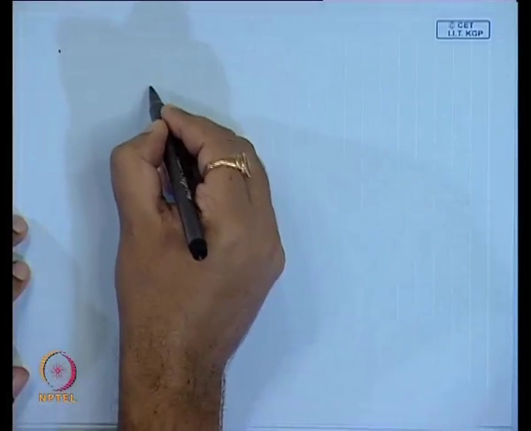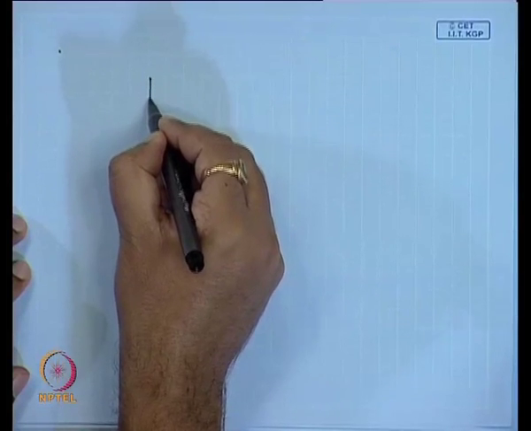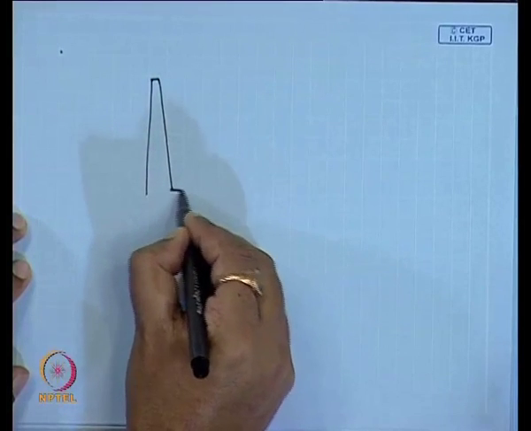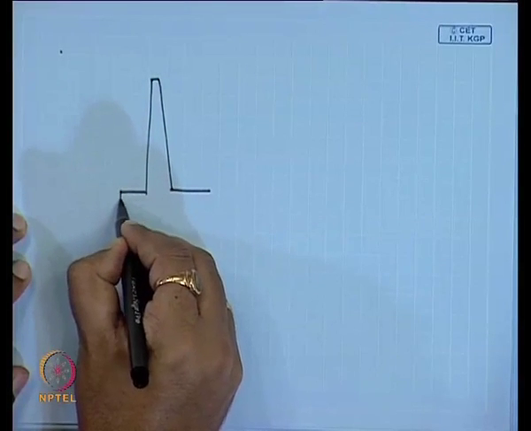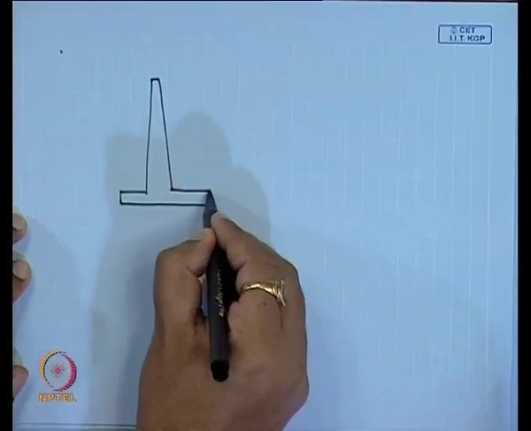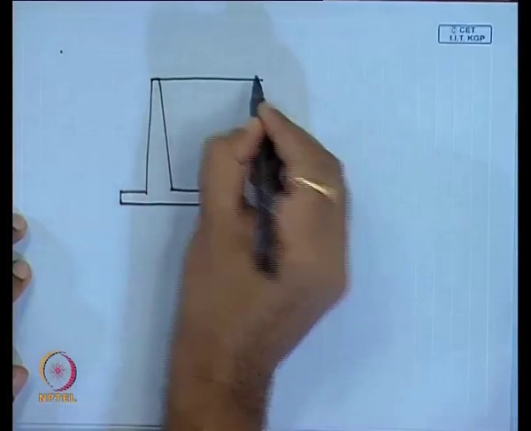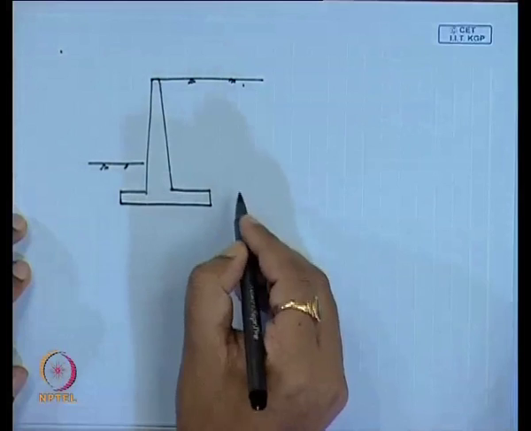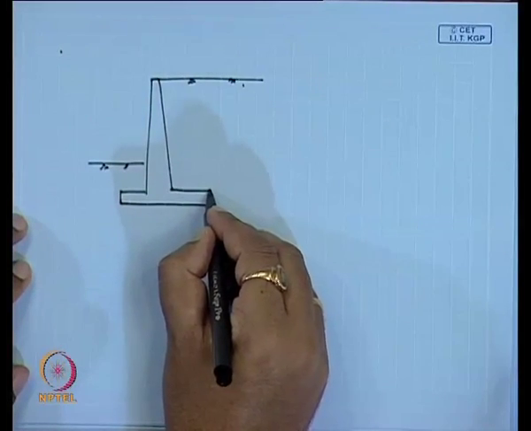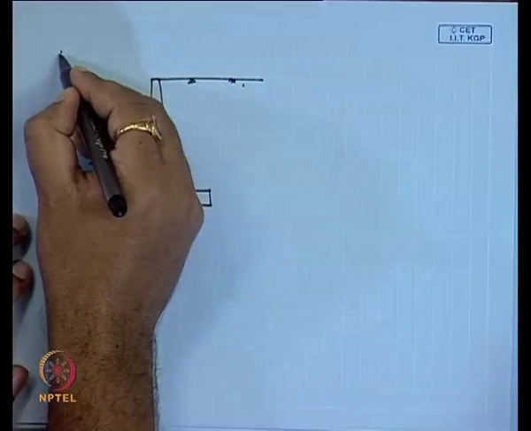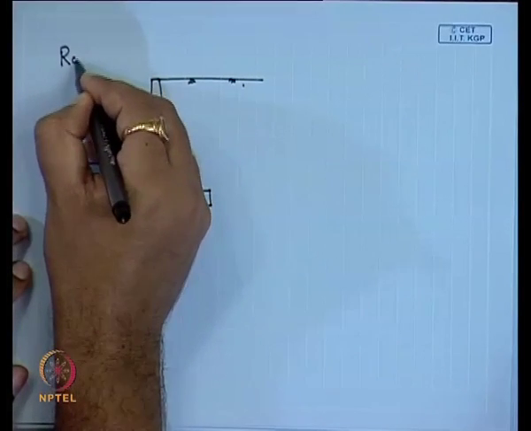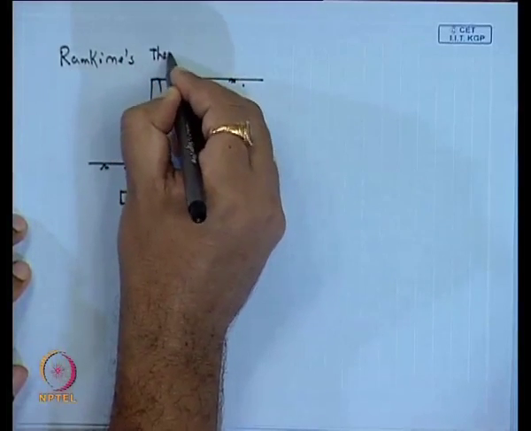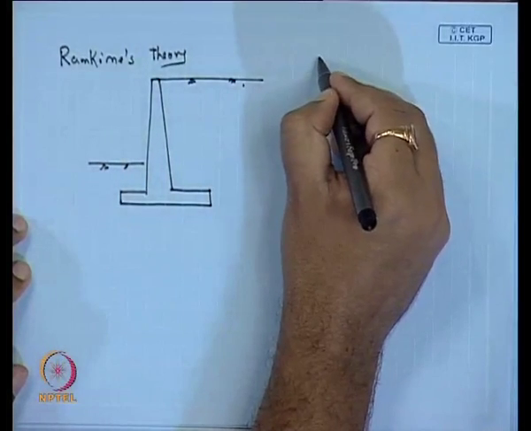Now, if I use the Rankine's theory, suppose I consider the same retaining wall, this is our foundation, this is the ground surface, this is the backfill side. In the first case we use the Rankine theory, and next I use the Coulomb's theory.